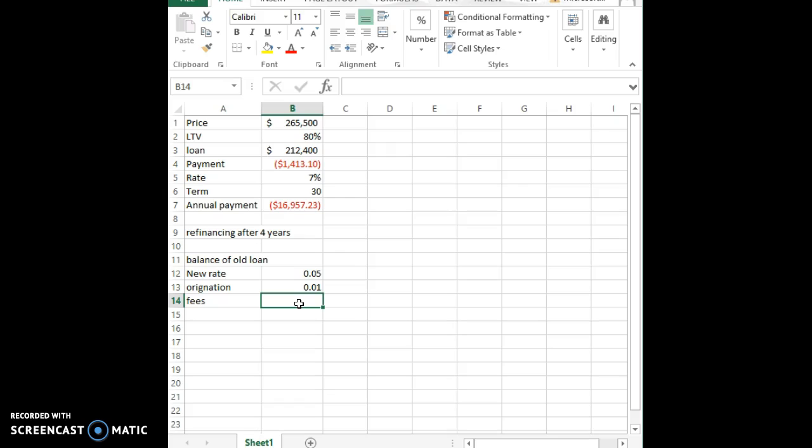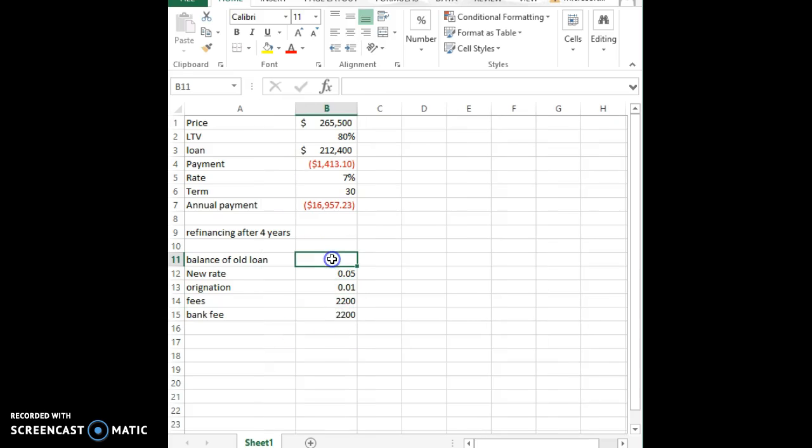So it was $2,000 times 1.1, which got you $2,200. And then don't forget the bank fee, which is $2,200.